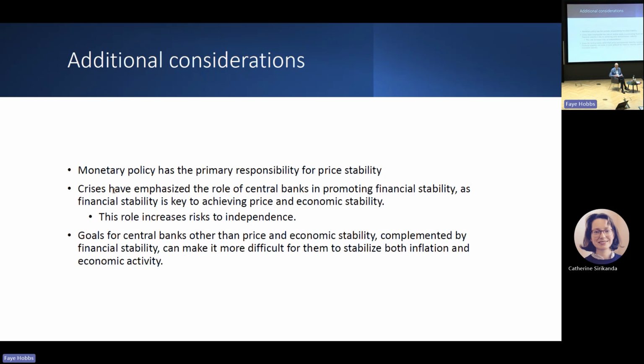Yeah, I mean, stepping back and looking at that set of questions through the work that I've done, I think that at the effective lower bound, forward guidance is really important. It's one of the key tools. More generally speaking, the way that monetary policy affects the economy, in all of the research that I've done, is by managing expectations through a clear policy reaction function that markets, households, and businesses understand.